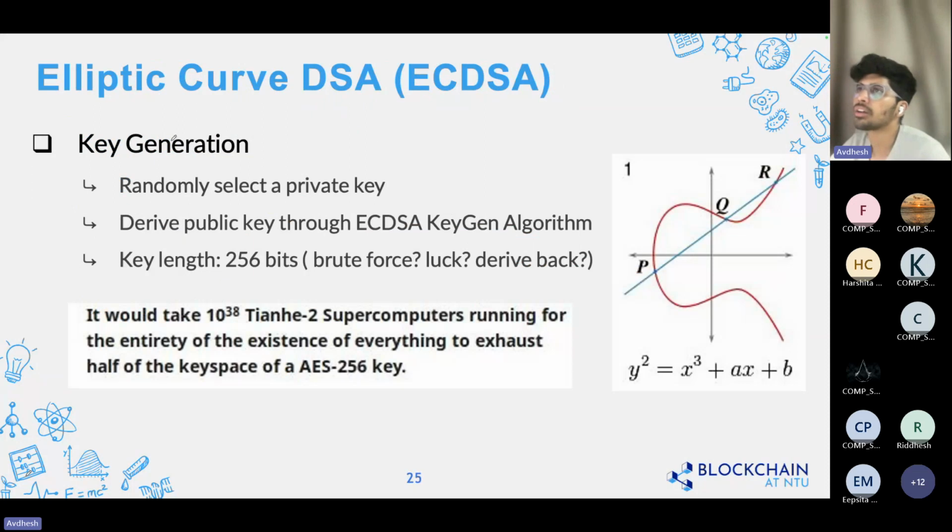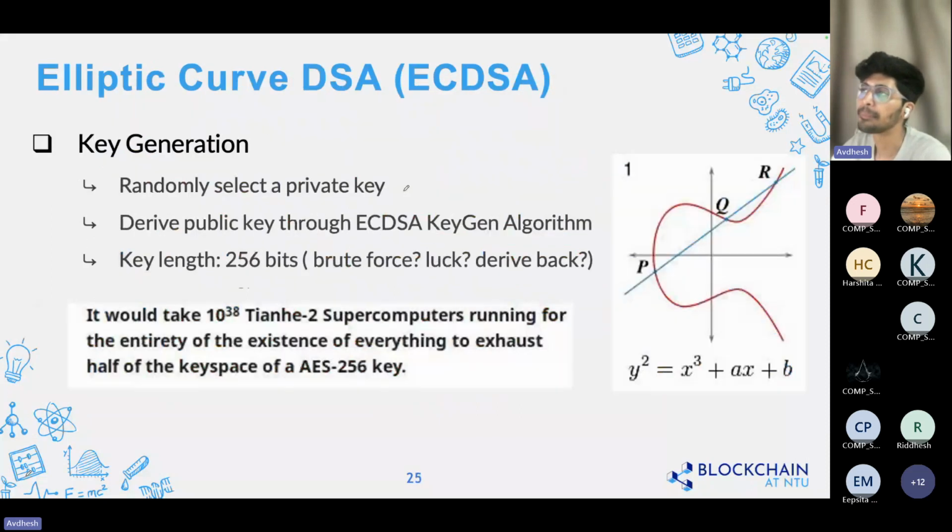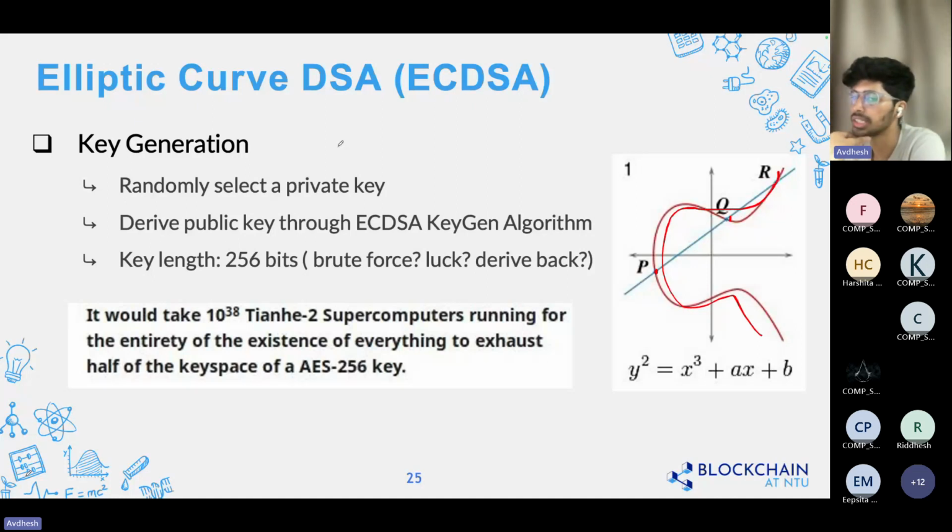One thing, you must be asking how a key pair is generated, how you match a public key with a private key. There is something called elliptic curve DSA, which is basically math, but I won't go into it in detail. So this is just an elliptic curve that we have, and we have these roots P, Q, and R, and mostly the key generation starts from a private key.